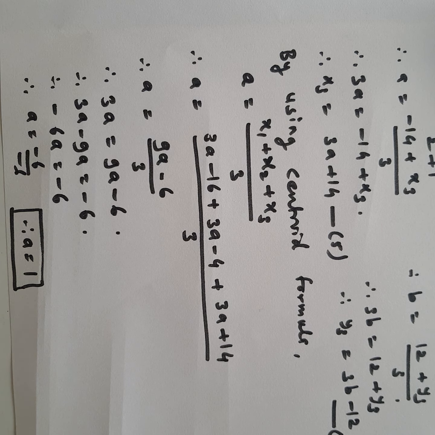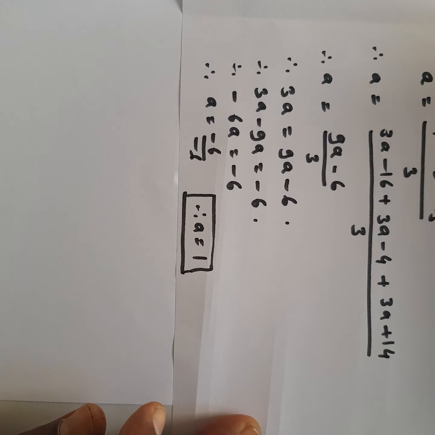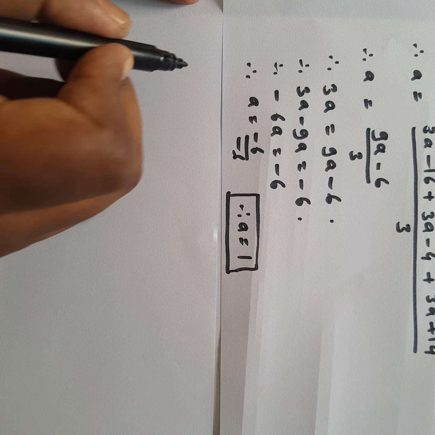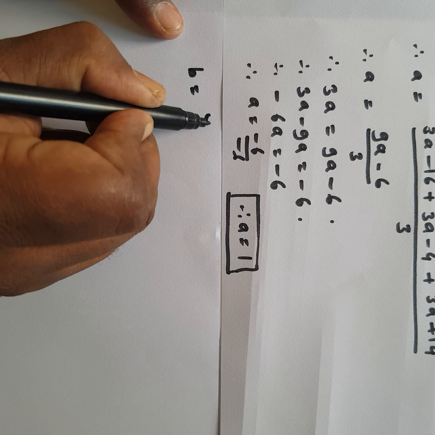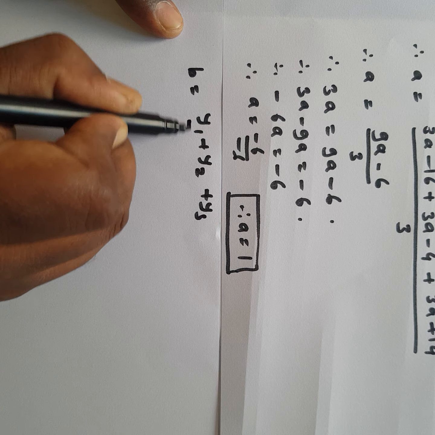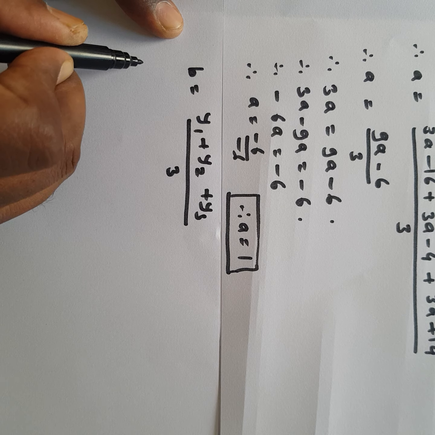Now we will find the y coordinate of the centroid, that is b. b is equal to (y1 + y2 + y3) upon 3.